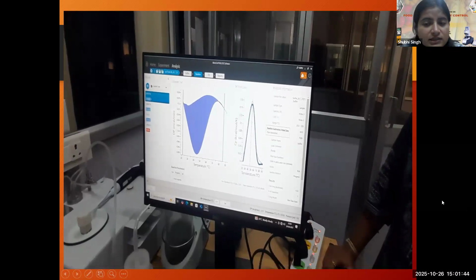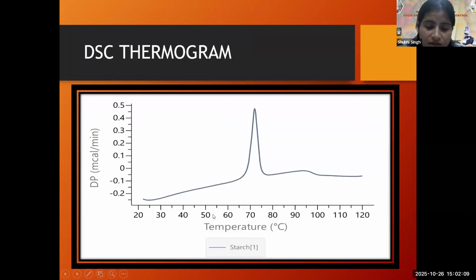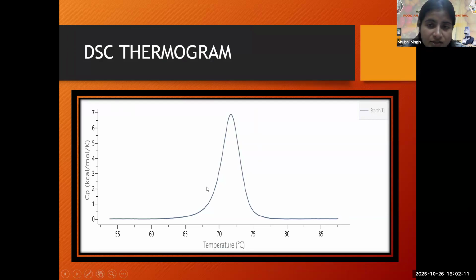Okay, so this was all about the DSC demonstration. This is the thermogram which we have got from the DSC machine. This is a graph plotted between CP and temperature. See, we can see that the temperature around 73 degrees Celsius is the glass transition temperature.